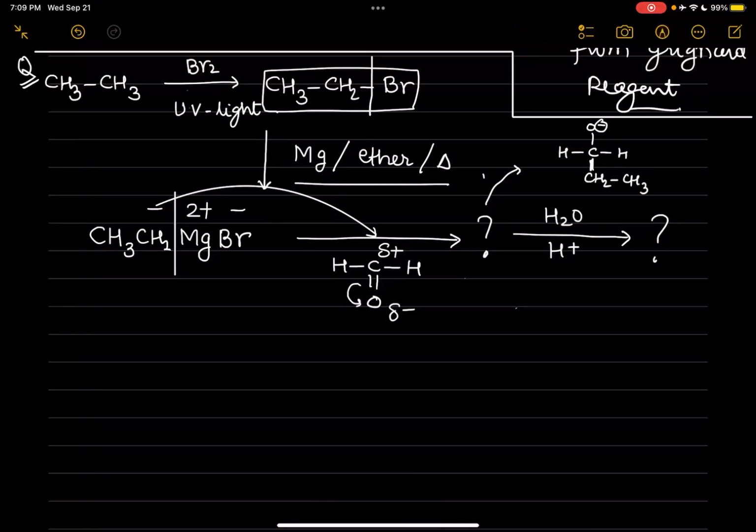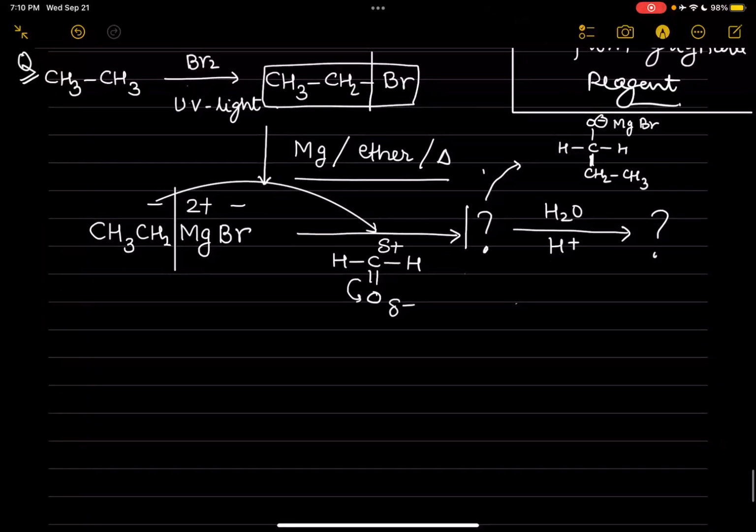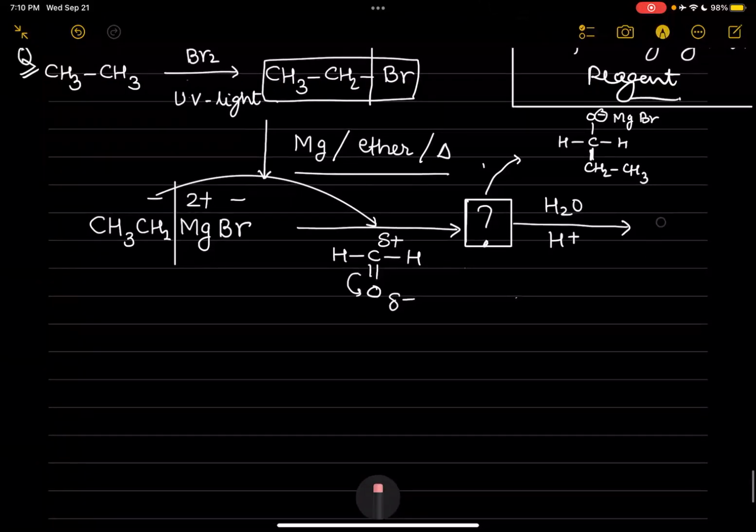Clear? Yes, sir. And O minus will form a bond with magnesium. This is going to be an ionic bond, right? This is going to be the structure of that. And when you react it with water, you are going to get the final answer, Abdullah, Rayan.